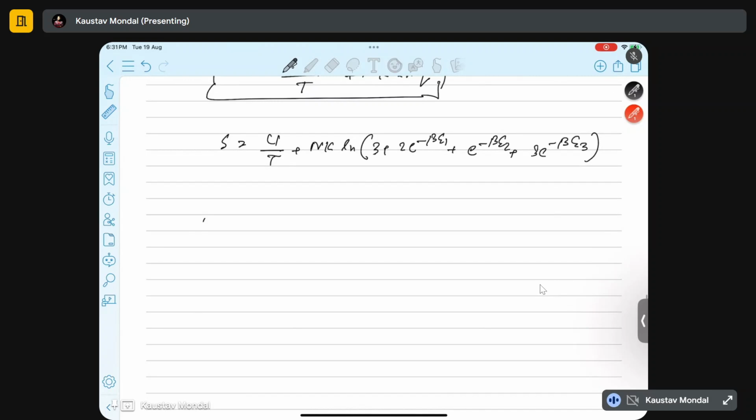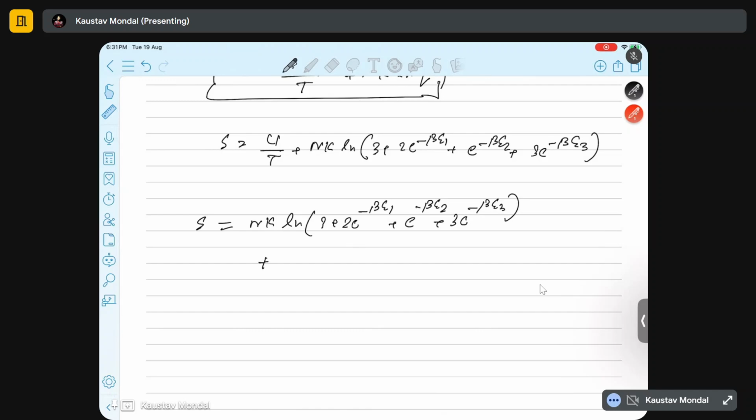Now here, if you also substitute the expression of the internal energy, then it would be, first let me rewrite this one, epsilon 1 plus e to the power minus beta epsilon 2 plus 3 e to the power minus beta epsilon 3, plus U by T.